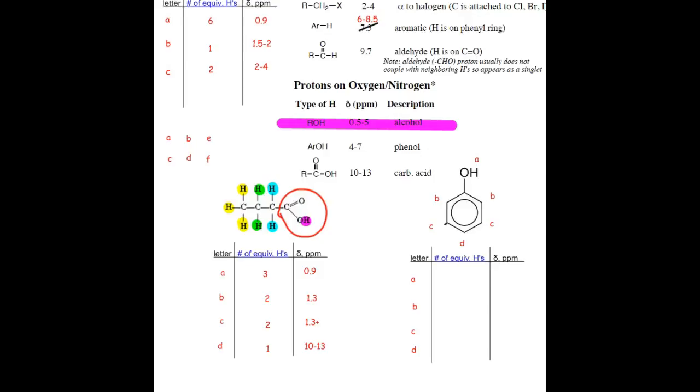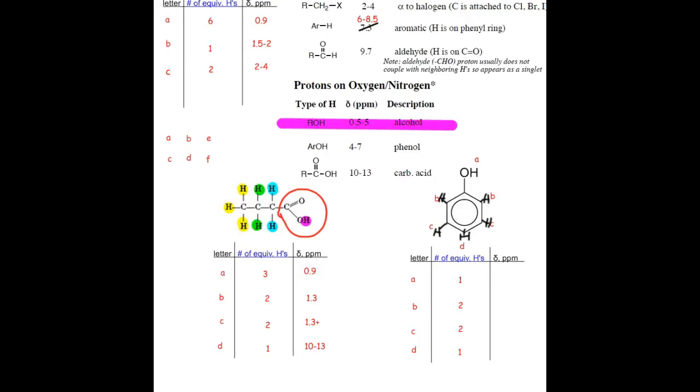I'm looking at the hydrogens that are coming off of them. And so I have 1, 2, 2, 1.